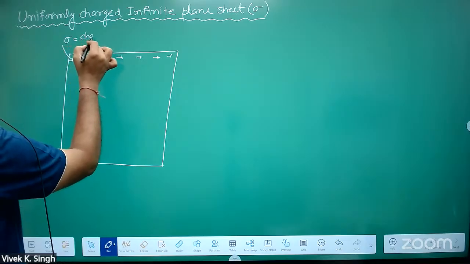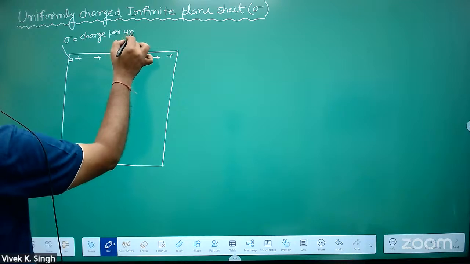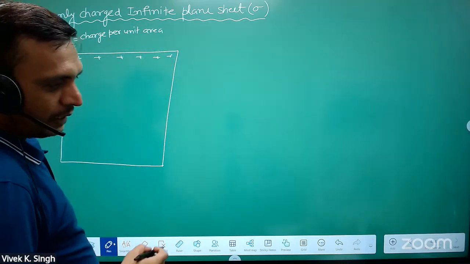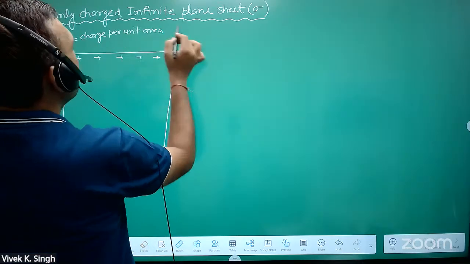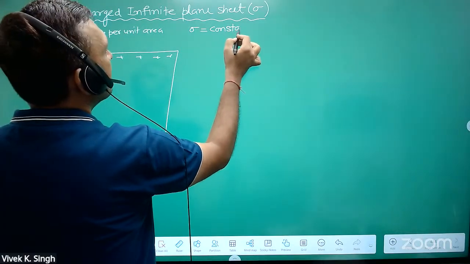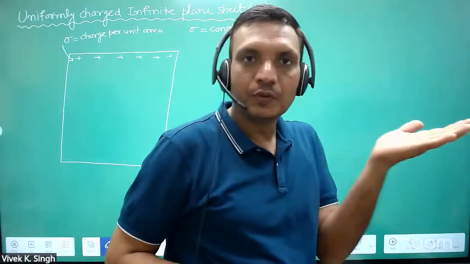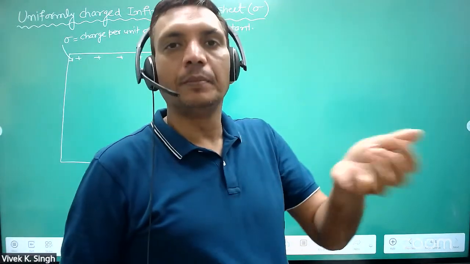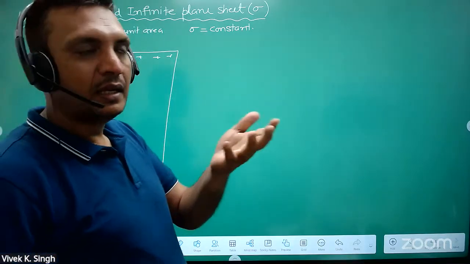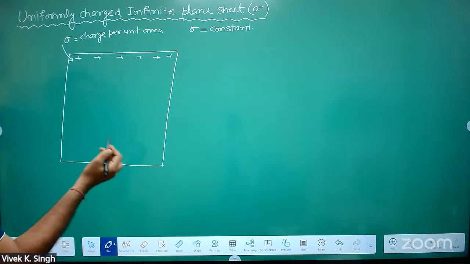Sigma is charge per unit area, ठीक है? And it's uniform. So uniform means sigma will be constant. अगर sigma vary नहीं कर रहा है, so it's constant. So that is uniform distribution. If sigma is varying, so distribution is non-uniform. It's a very thin sheet.